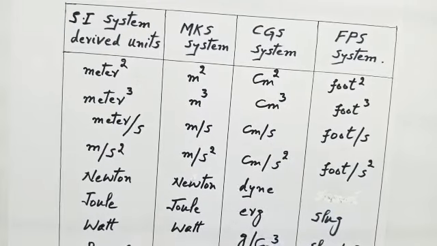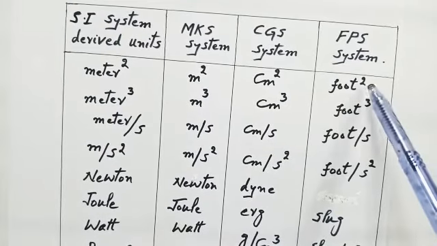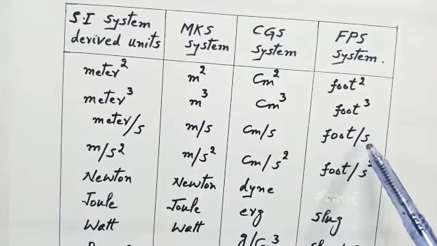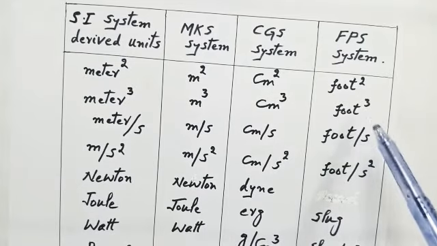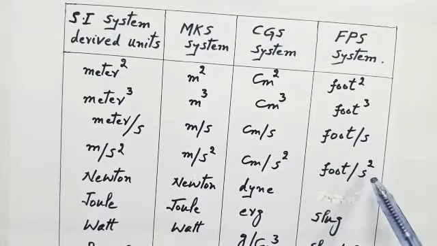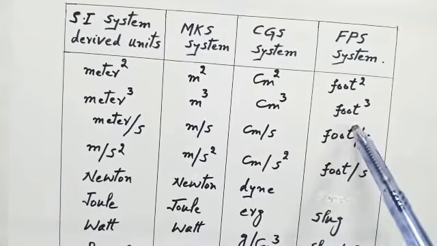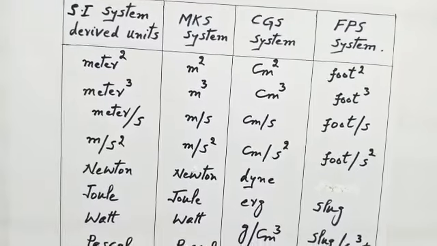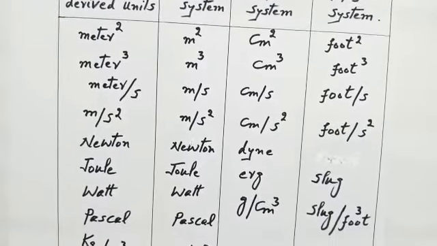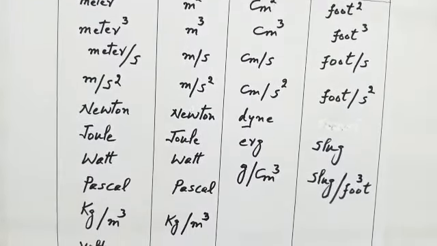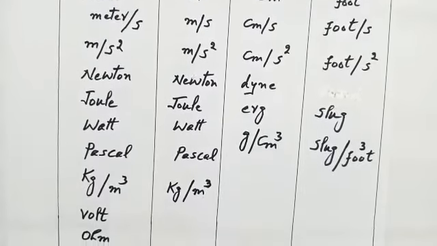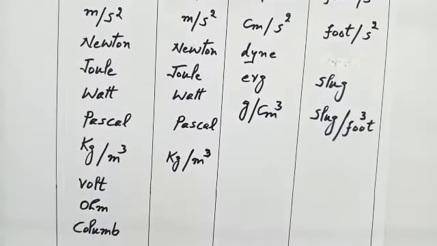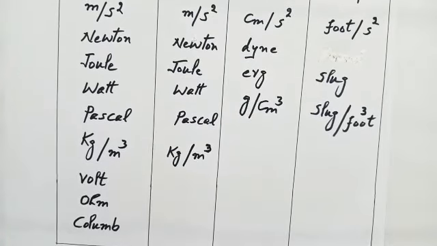Here are derived units of FPS system: foot square, foot cube, foot per second square, slug. So this is a complete chart of all the derived units of the four systems. You can see it.